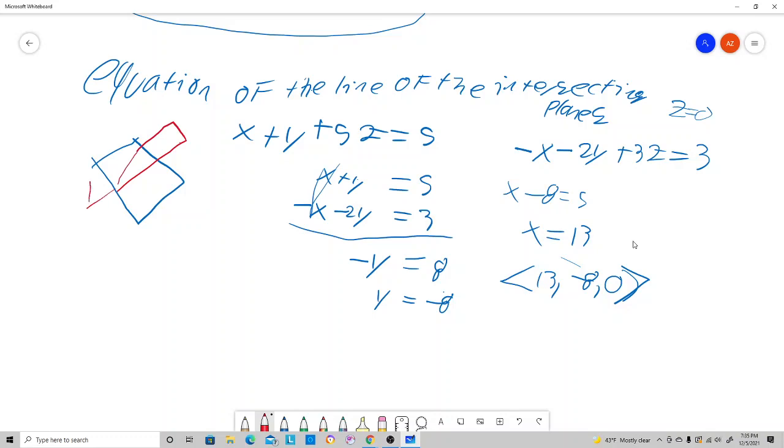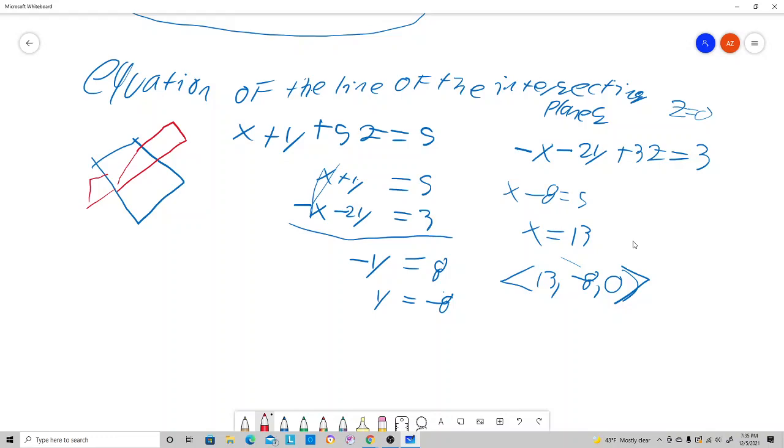This is going to be hard to draw. So if I take the cross product of both of them, why am I taking the cross product?